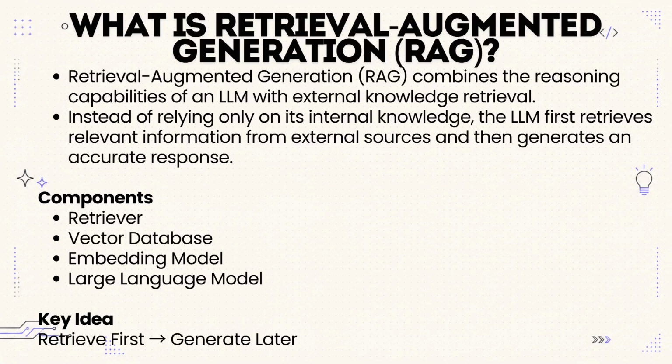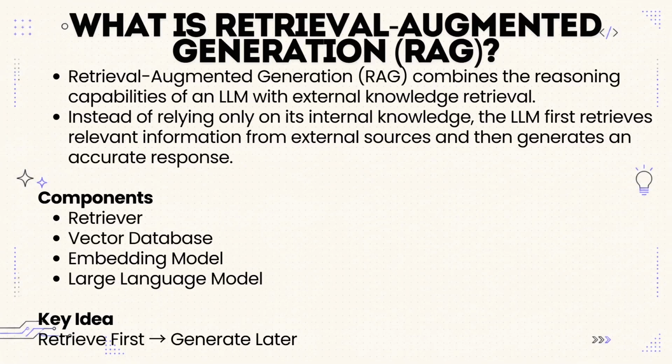Instead of answering from memory, the student first opens the textbook, finds the relevant chapter, reads it, and then answers the question. That's exactly how RAG works. The model first searches for the relevant information, then uses it to generate an accurate answer, and this makes responses more reliable, more up to date, and grounded in the actual data.